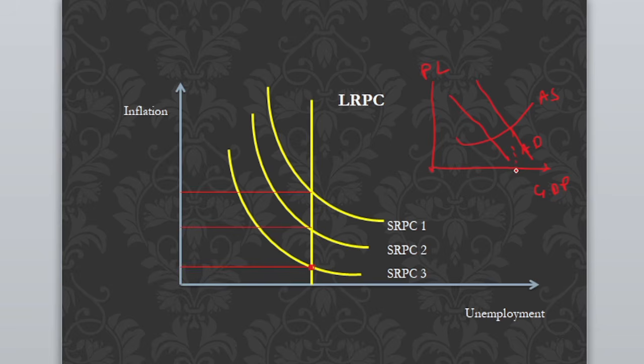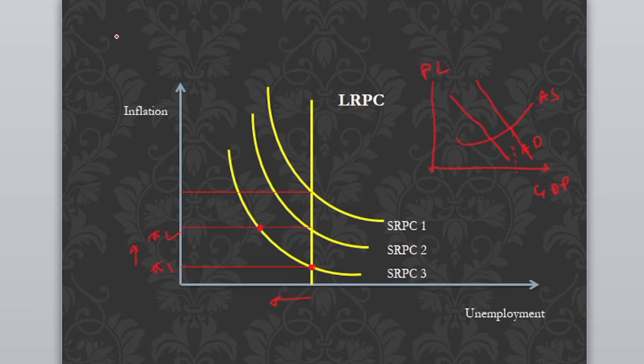As the employment increased, the unemployment decreased. So it will shift over here. Let us consider this is pi 1 and this would be pi 2. So the inflation will increase, but the unemployment will be decreased. This happens because of the demand pull.